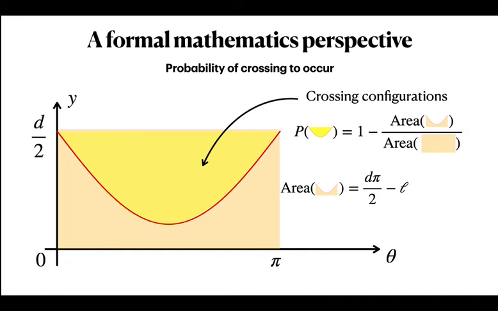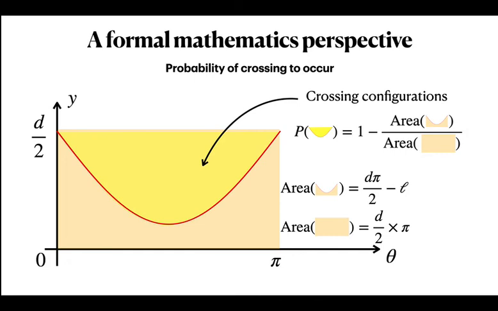Now, before substituting anything, I need to calculate the area of the rectangle. Luckily, a rectangle area is quite easy to evaluate. This is simply the width times the length, so this is d over 2 times pi, and we're done.